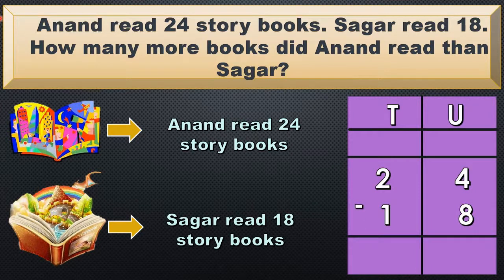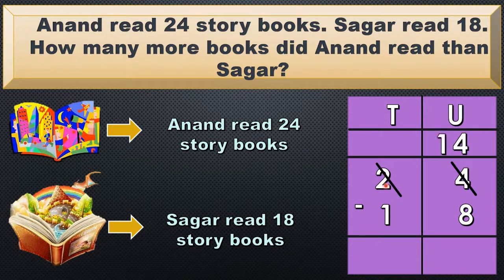Now students, let's see the units place first. Here 4 and below it 8 is given. Can we take away 8 from 4? No. Why? Because 8 is more than 4. So, we borrow 1 ten from the tens place.